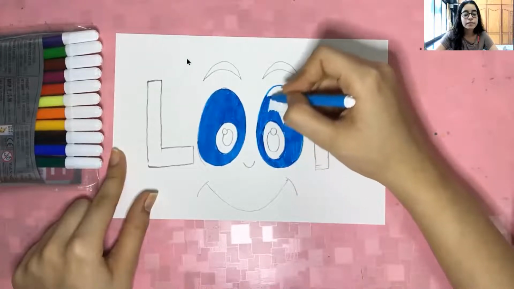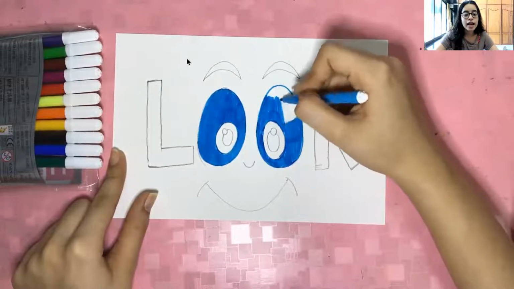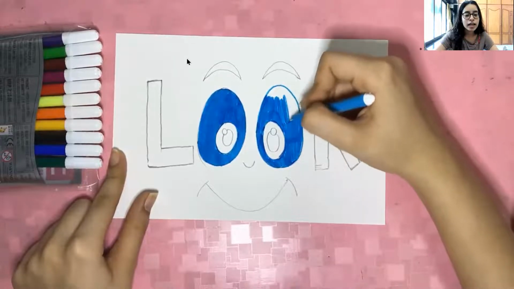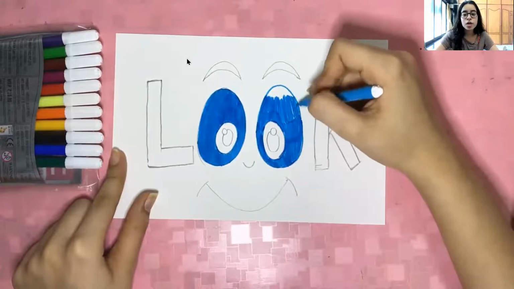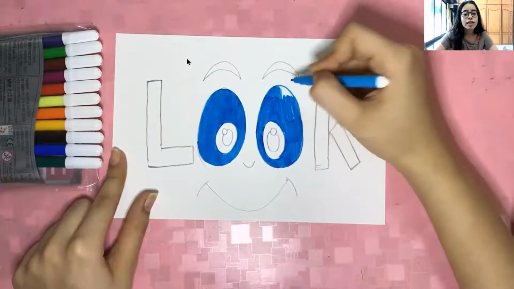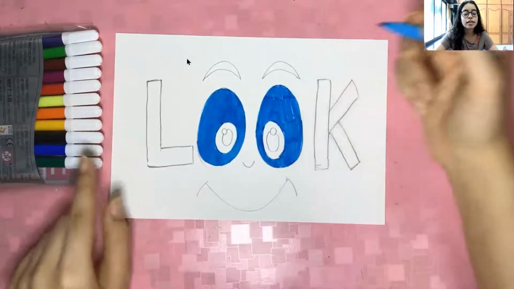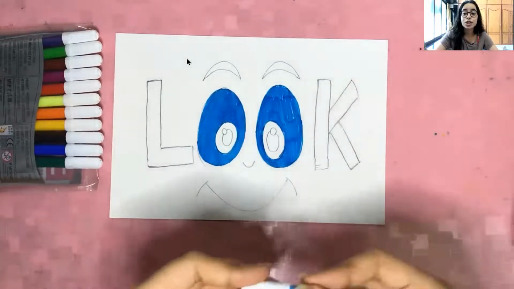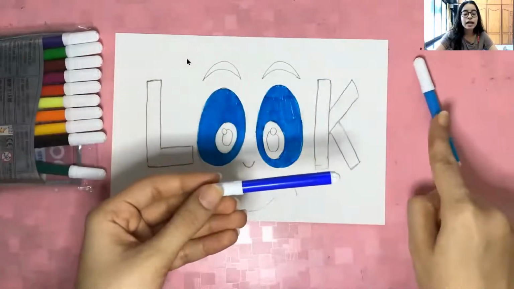You can show me your artworks once they are reaching at least 50% of adding colors, because there's a little more left, and then I can tell you all about what your illustration looks like. Okay, so till the time, let's continue adding color.